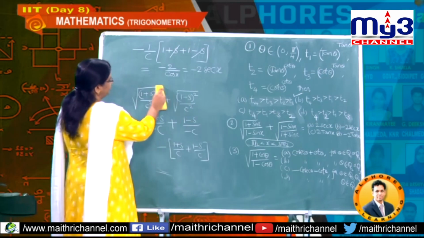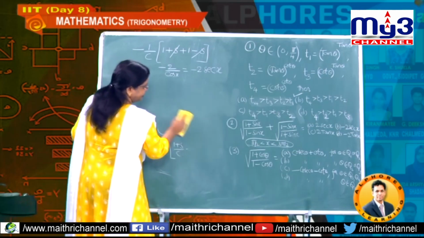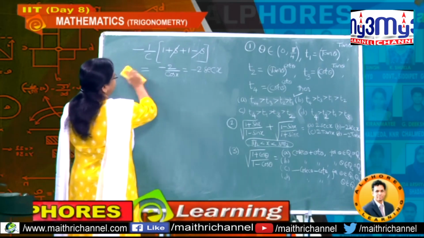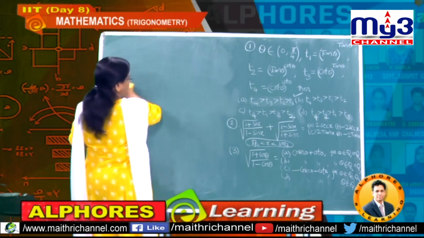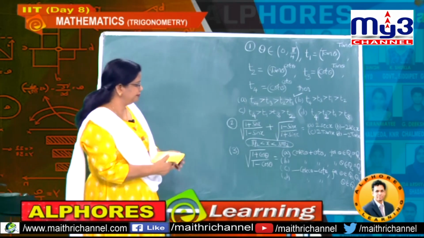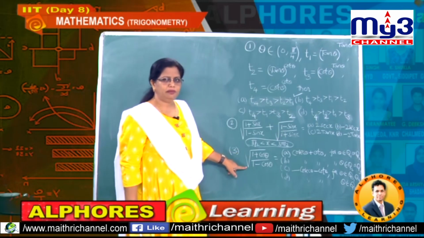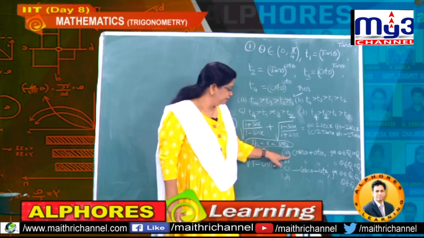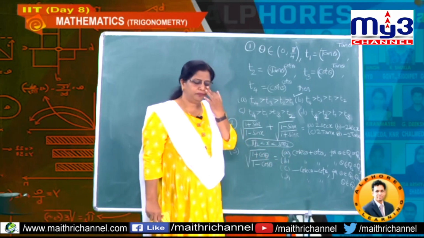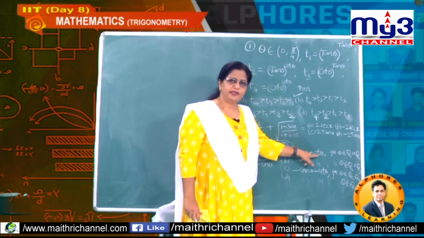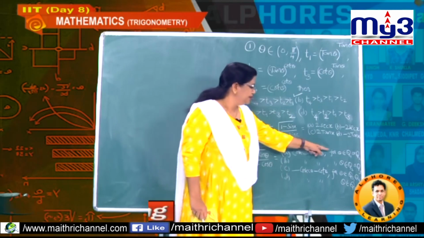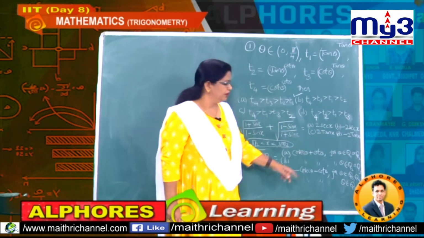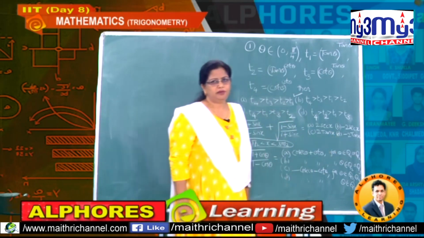Now let us observe the third problem. What is the third problem here? In the same model, with cos value, but here you observe under root of 1 plus cos by 1 minus cos. How did they give the options here? 4 options are given. One option is cosecant plus cot, for theta belonging to first quadrant or second quadrant.